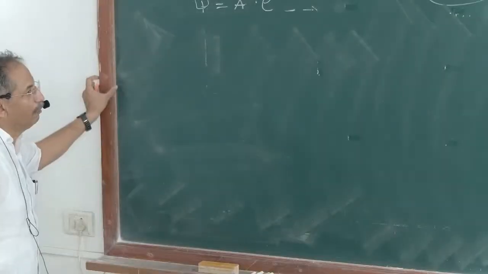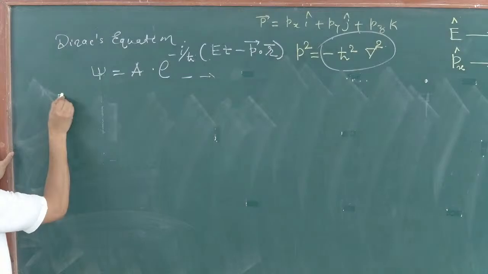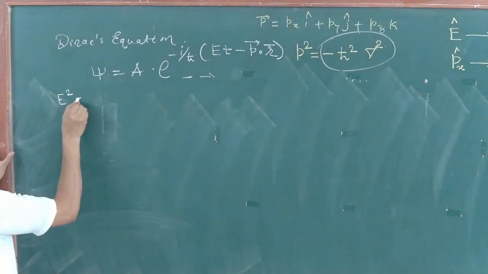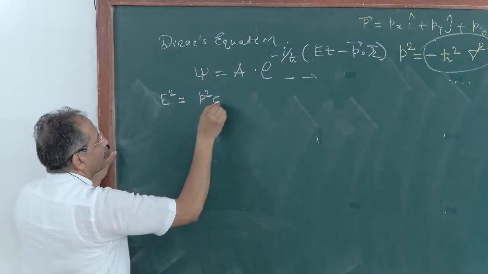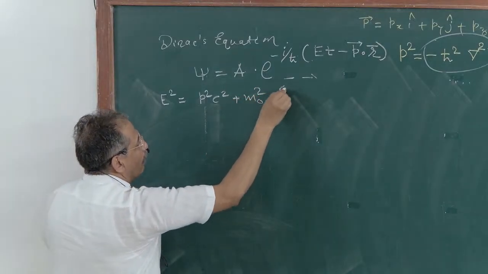This is the wave function, basic wave function psi, with which we have started, and according to Einstein, E square is equal to p square c square plus m0 square c to the power 4.